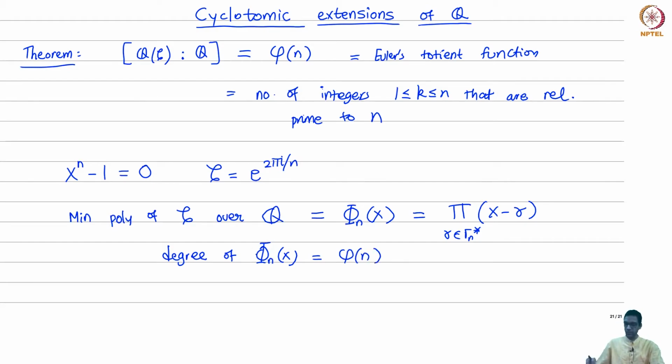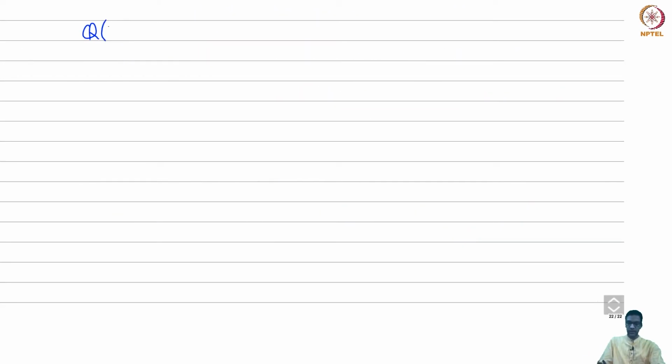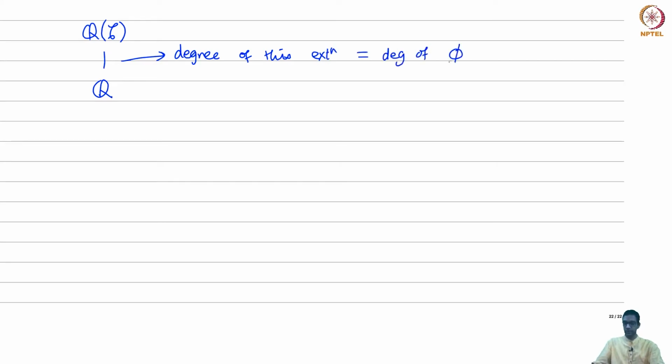That's what we call Euler's totient function. Now this proves the theorem, because for Q(zeta) over Q, where I adjoin a single element zeta to Q, the degree of the extension is just the degree of the minimal polynomial, which is the degree of phi_n, which is phi(n). So that completes the proof of the theorem.